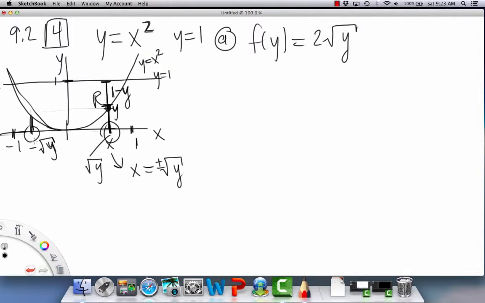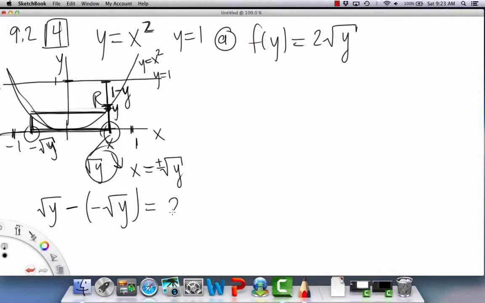So our horizontal distance, translated to the width on the x-axis, is positive square root of y minus negative square root of y, which is 2 times square root of y. That gives us our horizontal width. So that was the first part of A.